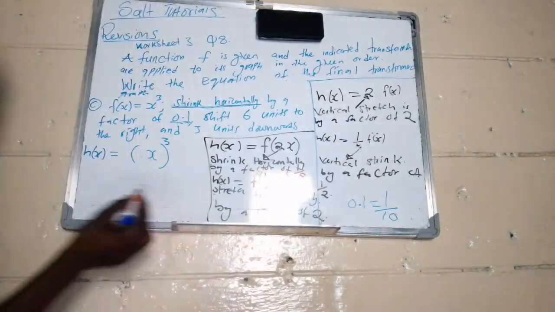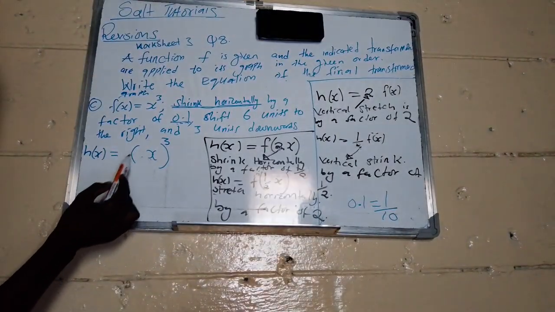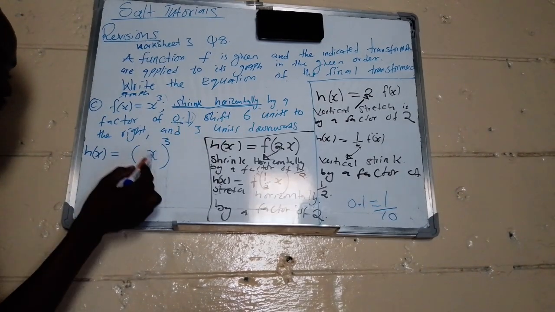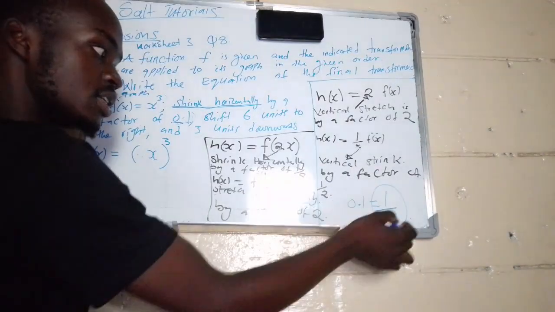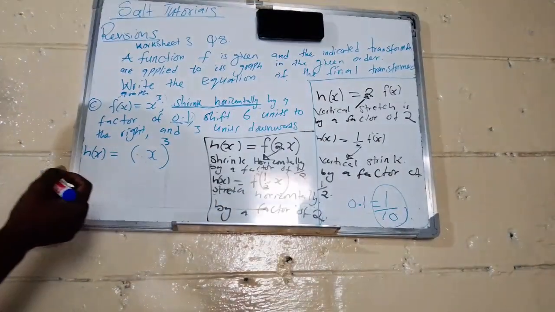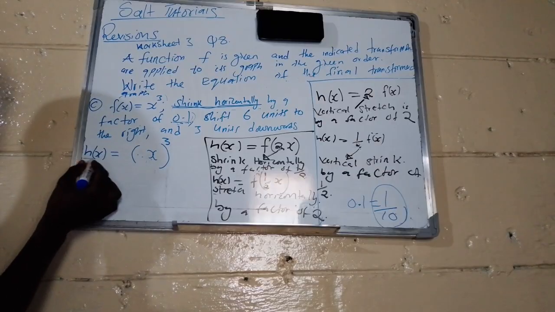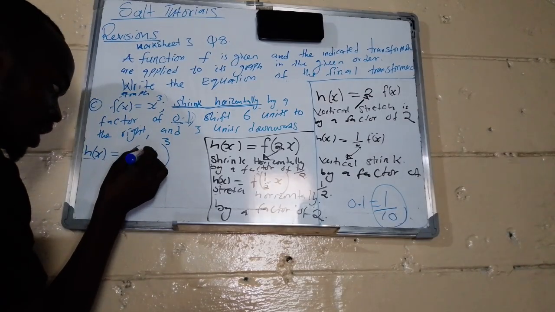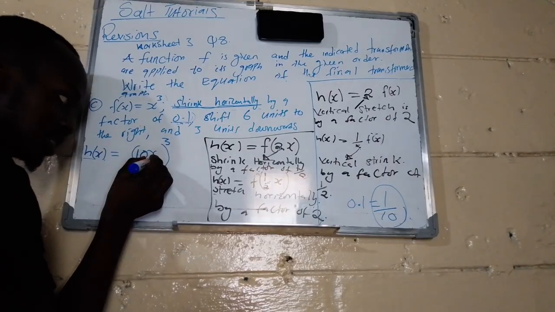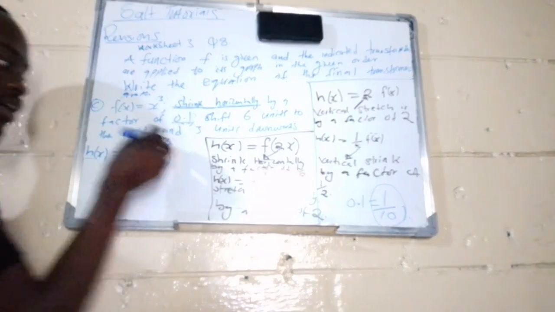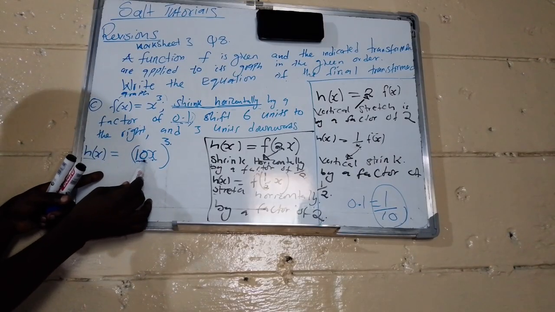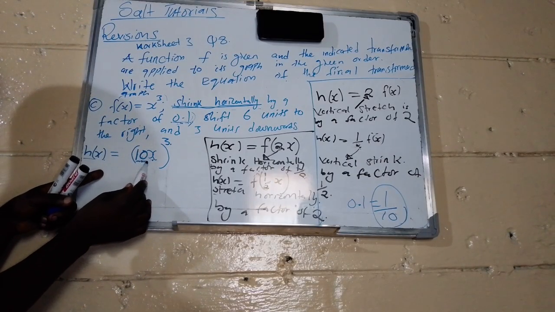So we're simply saying that this function shrinks horizontally by 0.1, it means that in the equation it is a reciprocal of this. So what is going to happen? I'm going to have h of x equal to 10 multiplying x power 3. So now, what are we simply saying? If it is a whole number inside here, there must be a horizontal shrink.